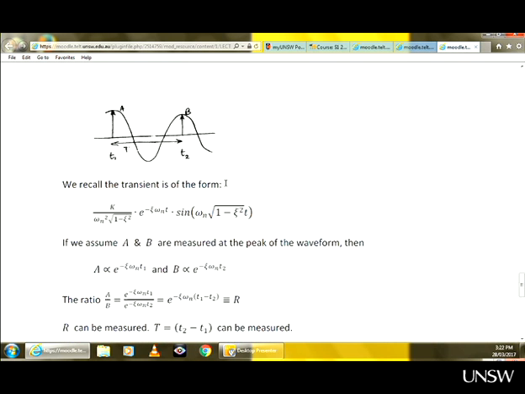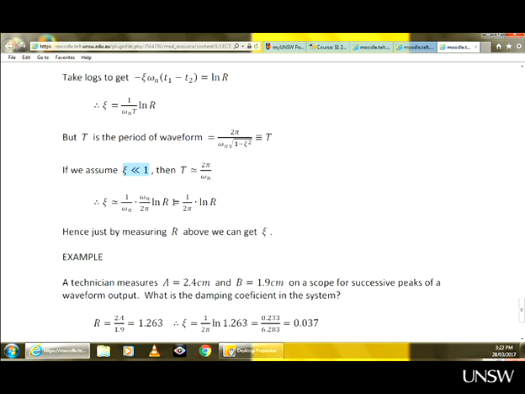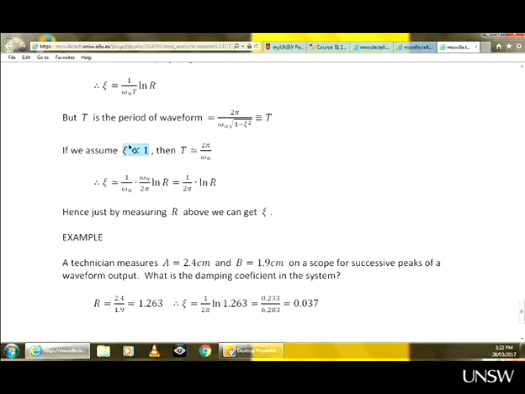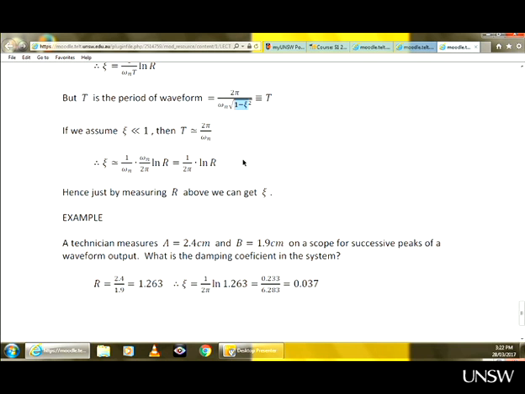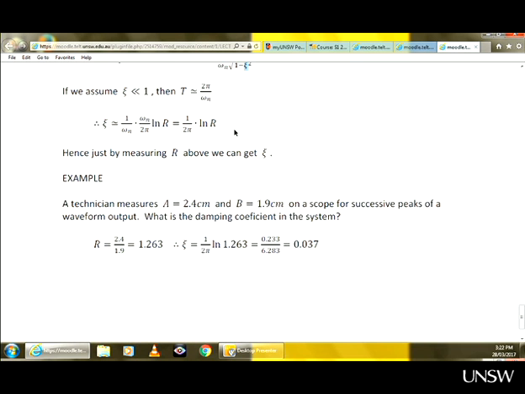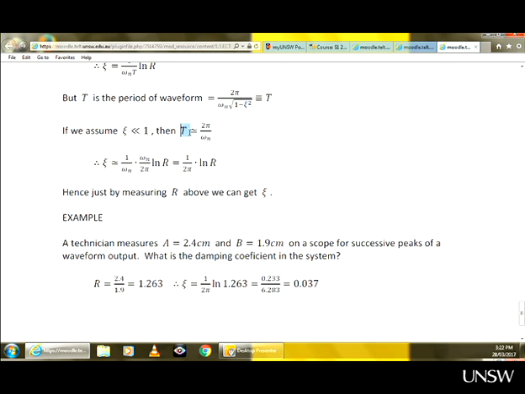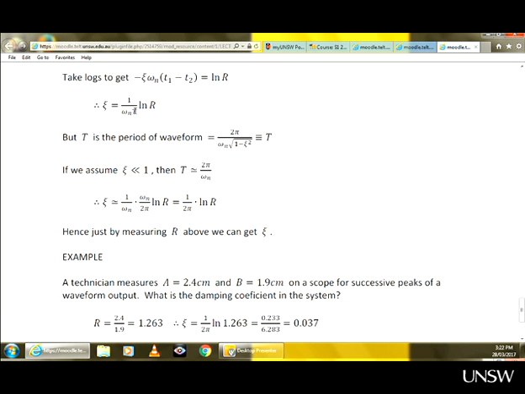So let's assume, very safely, that the damping ratio is much less than 1. If that's true, then this square root becomes 1, because here we have something which is much less than 1 squared, as we had earlier. So then we can say that T equals 2 pi over omega n. So that's what we are going to put in here.